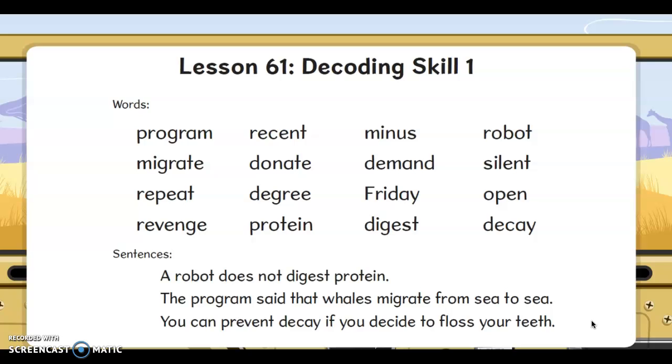So remember, decoding skill 1 tells us that when we have two working vowels, like in this word right here, we're going to come back to the first working vowel, and we're going to look how many consonants are following that. One consonant is following this first working vowel, so one must run. So the first syllable in this word is re. The second syllable is scent, re-scent.